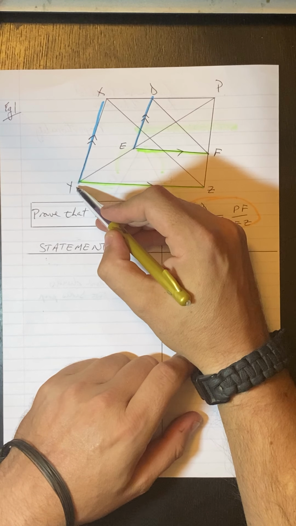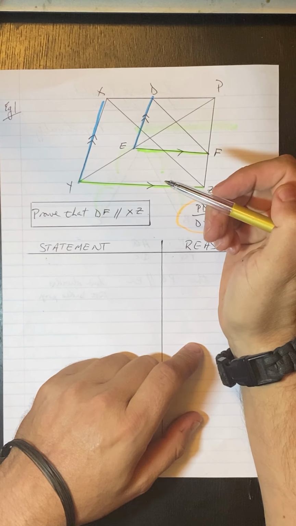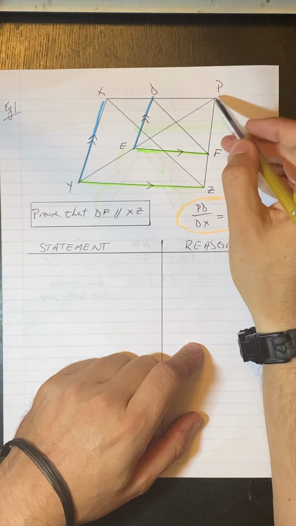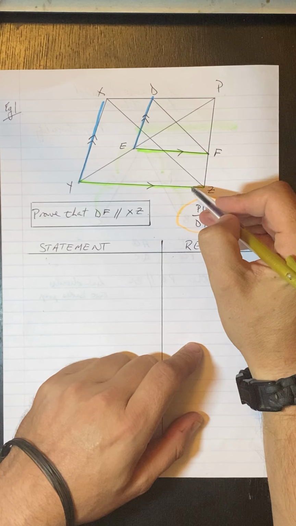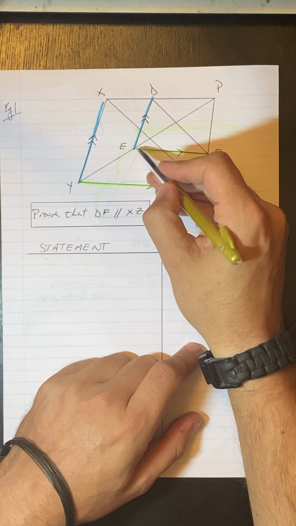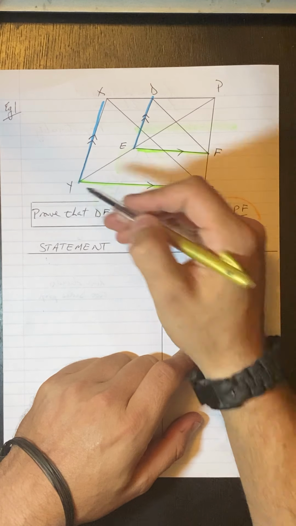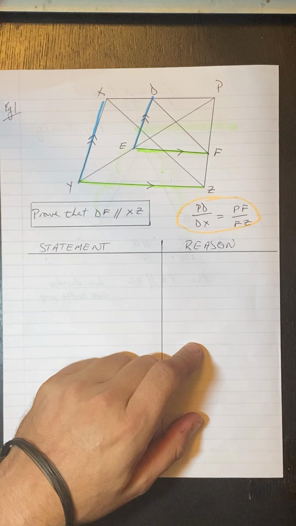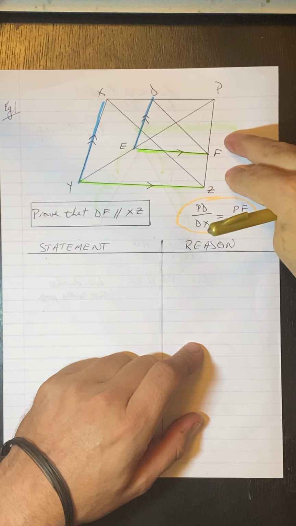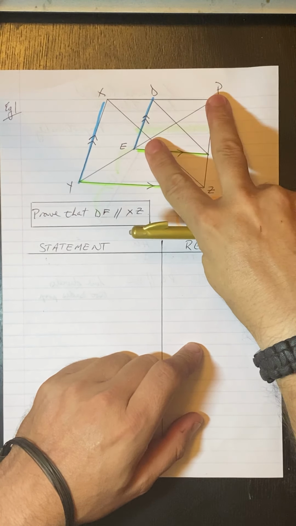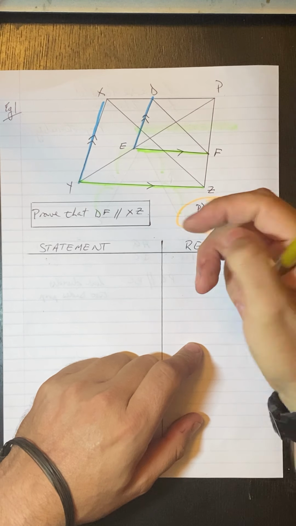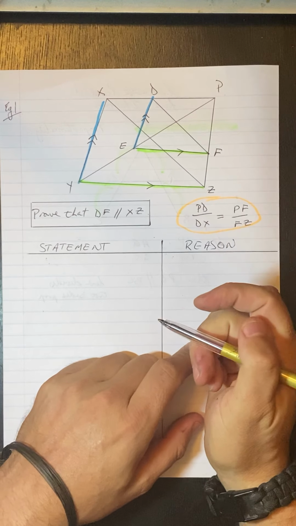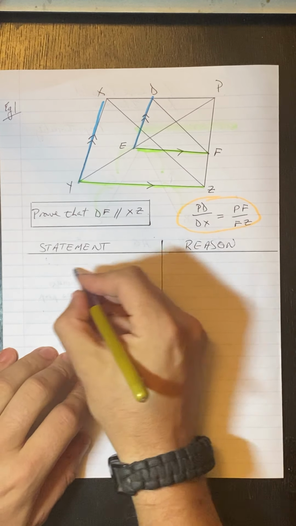Then with the green ones, I can see that PF to FZ would be PE to EY. So I can prove that those two proportions are the same because they're both in proportion to this and this. Therefore, that must be parallel to that. Let's write it down so you can see what's going on.